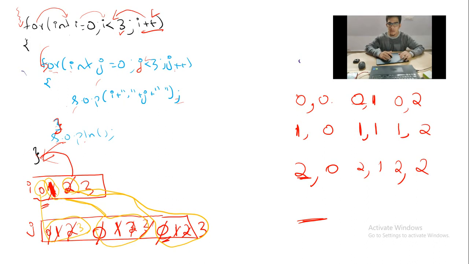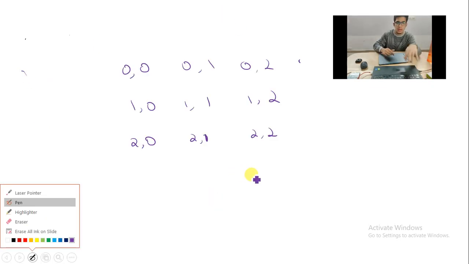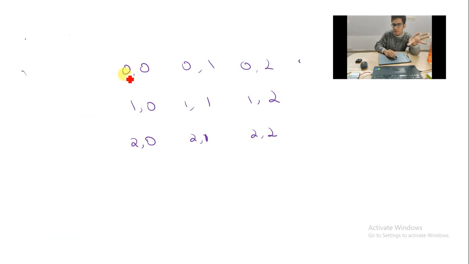Okay, so now whatever you are seeing here, this was the output which we got. What are you printing? Two values. You are printing 0, 0. Two values are there. In that, which is the i value and which is the j value?